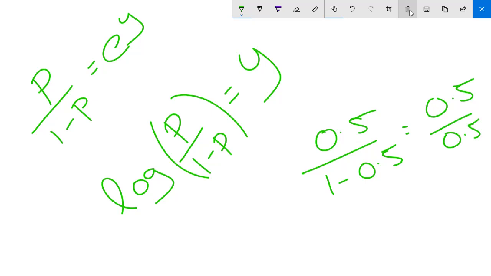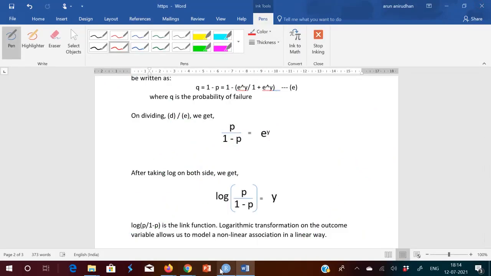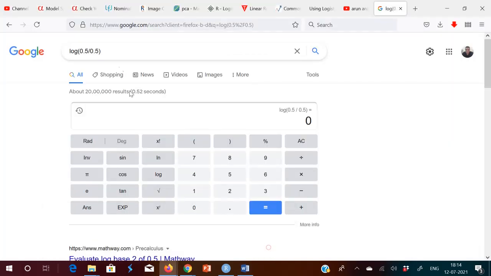Log of 1 is 0 because anything raised to 0, 10 raised to 0 or e raised to 0, is equal to 1.